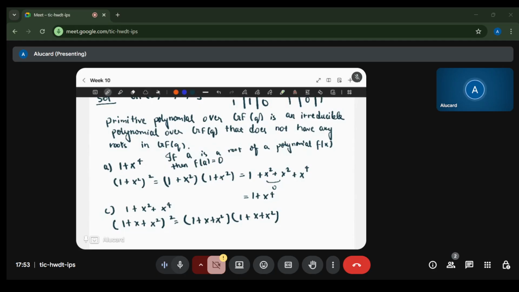So if f of a equals 0, a is the root of f of x. Here you can see if you plug in x is equal to 1, 1 plus 1 power 4 is 1 plus 1, which is equal to 0. So if you write f of x is equal to 1 plus x power 4, then f of 1 is 0. So 1 is the root of this polynomial. So even in that way, you can rule out that it is a primitive polynomial because 1 is a member of GF of 2.